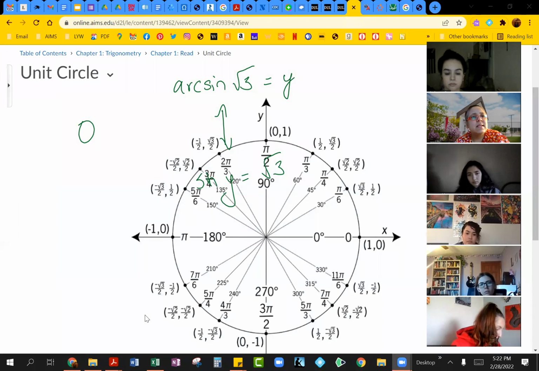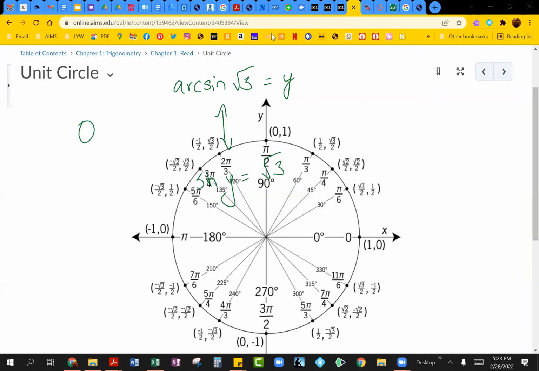I'm not seeing any answers come through. Do you find anything where you think that could be a possibility? No, because you will see for all the sine.